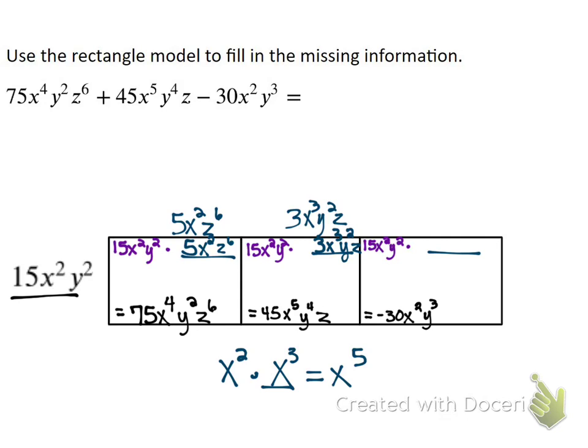Okay, if you're stuck, what's another way that you could find that information? Flip that around. Negative 30 divided by 15. There you go.